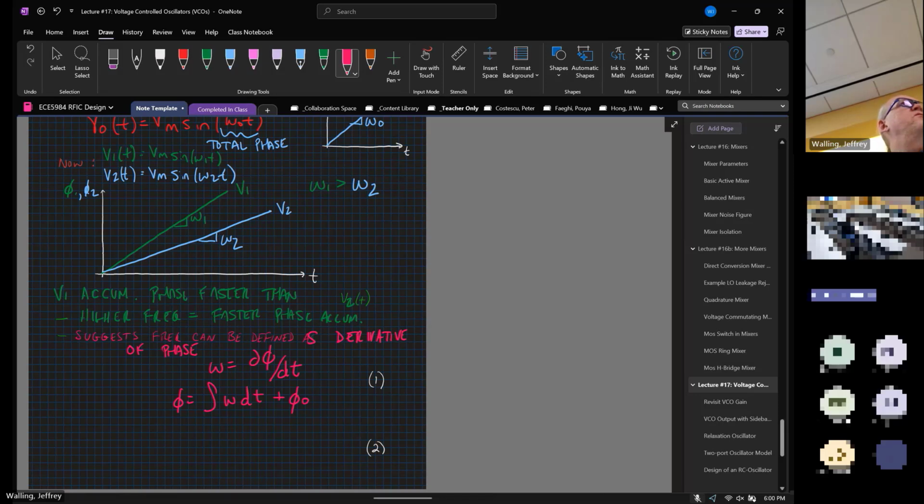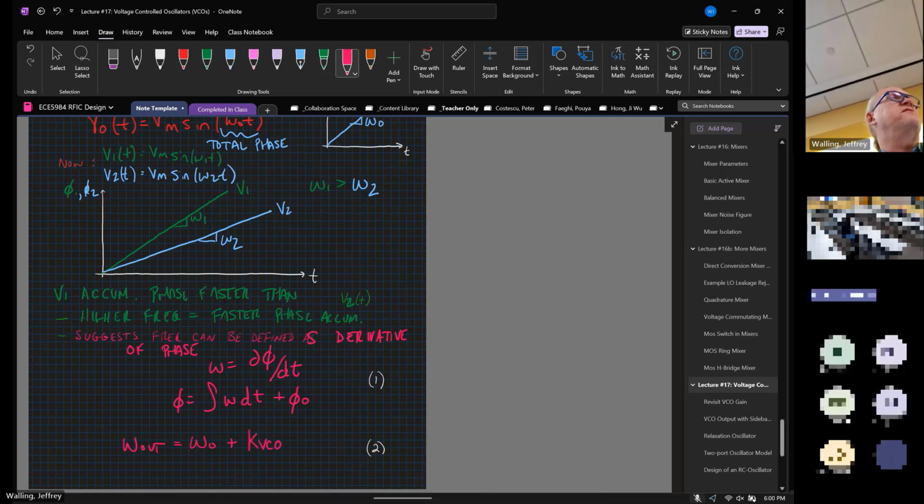Now for our VCO, we're going to make another definition about its operation. We're going to say that the output frequency of a VCO is equal to some frequency omega naught. We're going to call that the free running frequency. This is the frequency that the VCO wants to operate at, plus the gain of the VCO.